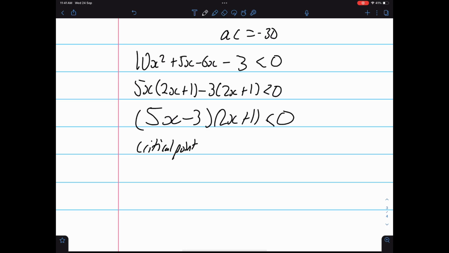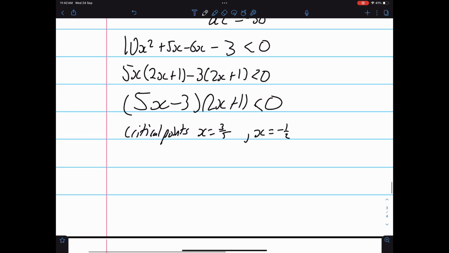Critical points, x equals 3 over 5, x equals minus half. And we're going less than 0, so we want to be between the 2 points.